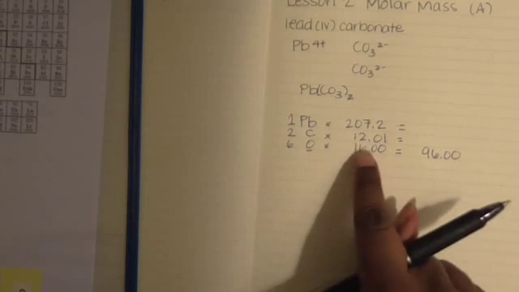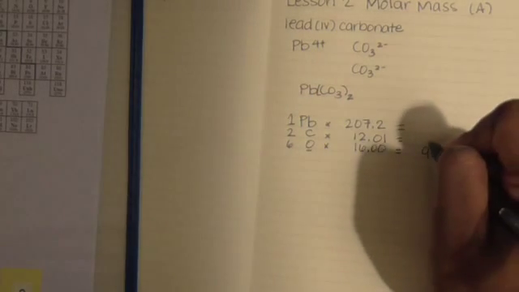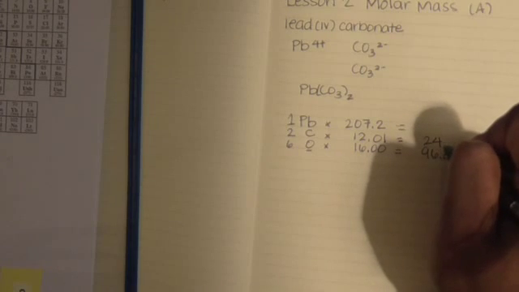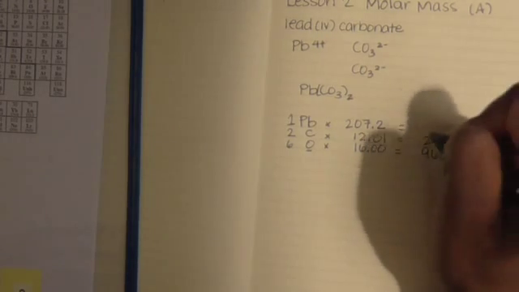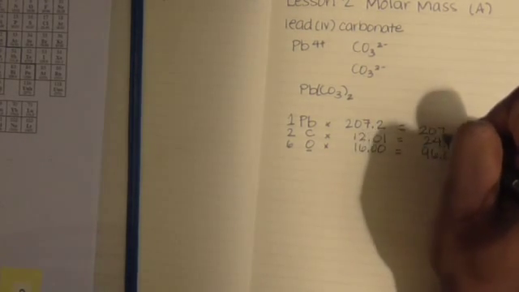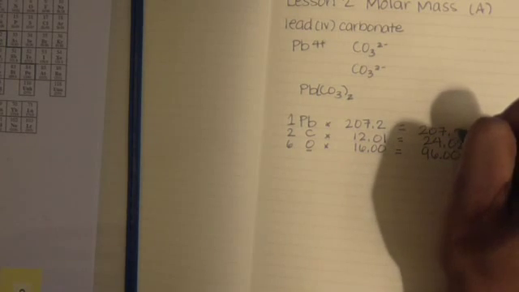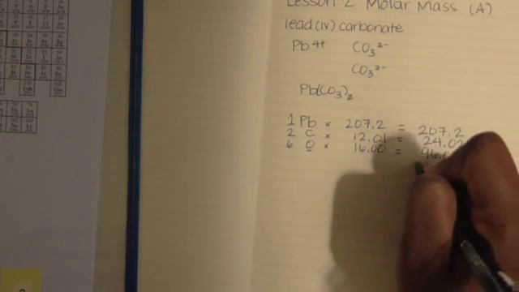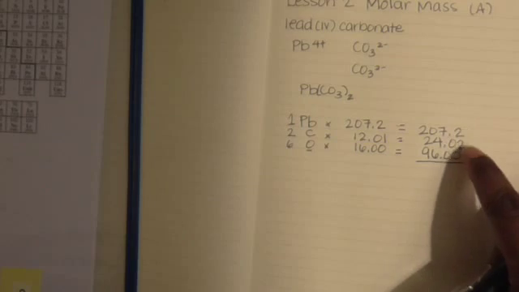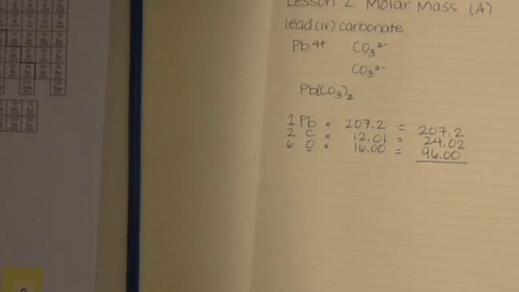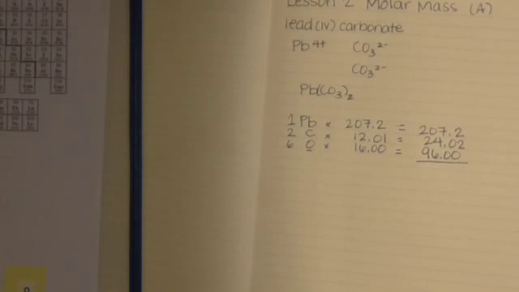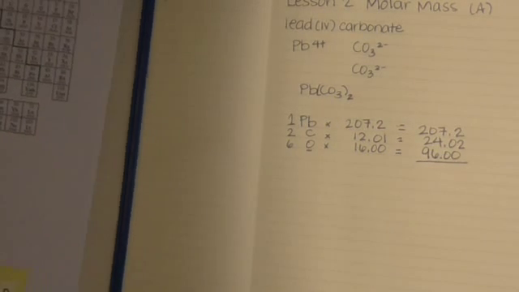Okay, this is going to be 24.02, and this is 207.2. What I want you to do, check my math, make sure that my math is correct, and then go ahead and pause the video, check the math to make sure the math is correct, and then we'll get back together and talk about what we need to change.